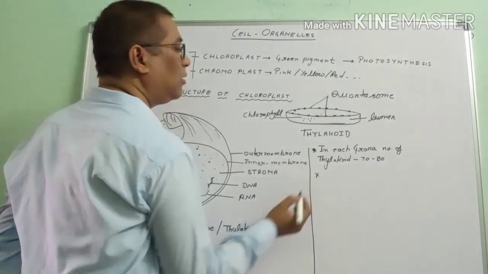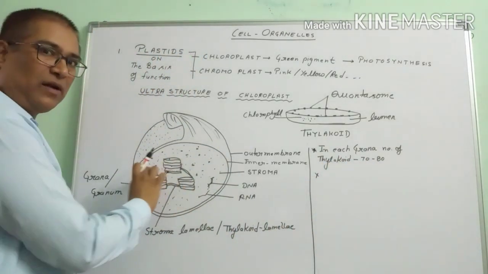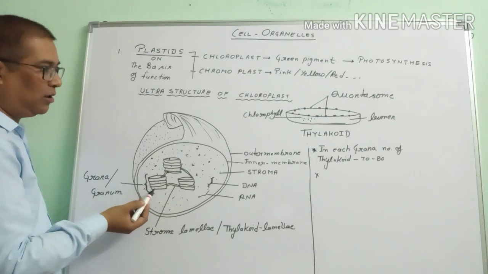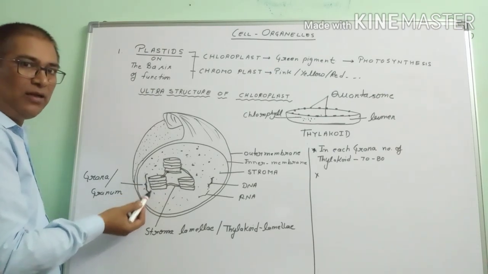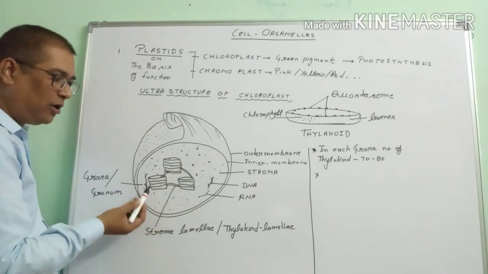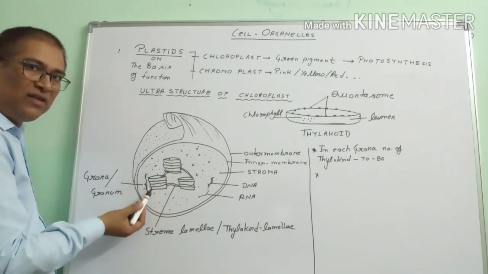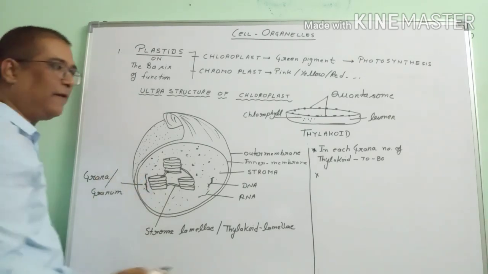In each grana, the number of thylakoids is 1, 2, 3, 4, 5. These are 70 to 80. Right? Again, I am clearing that the number of thylakoids in a single grana is 70 to 80.